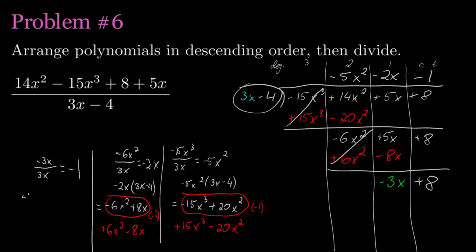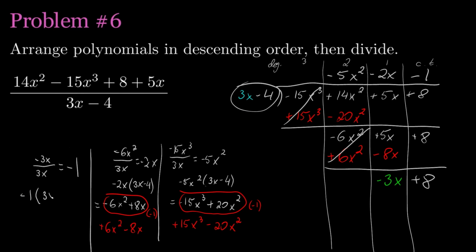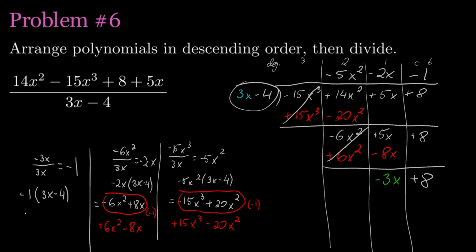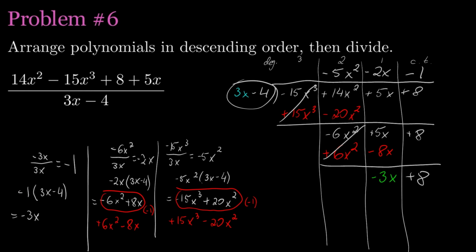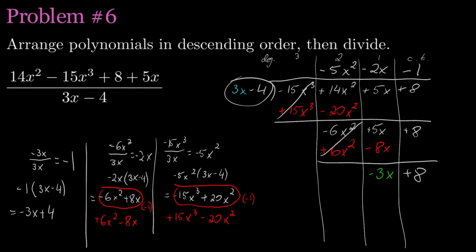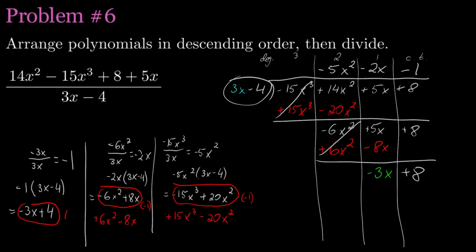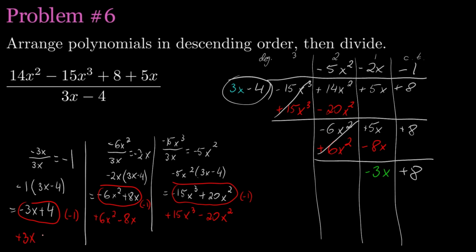That newly obtained constant term is again multiplied by the whole divisor by distribution, giving us negative 3x plus 4. But we are to subtract it from the current dividend, so we multiply it by negative 1 to obtain plus 3x minus 4.